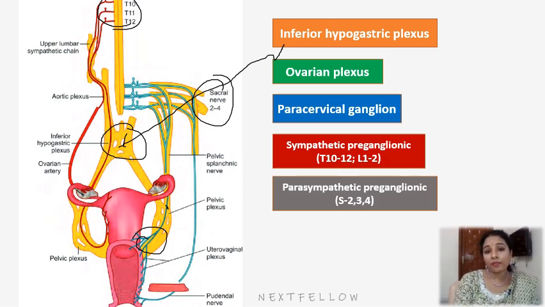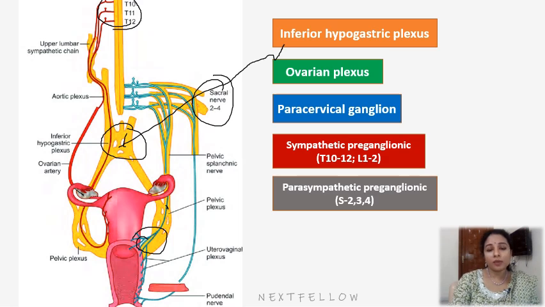So most afferent sensory fibers from the uterus ascend through the inferior hypogastric plexus and enter the spinal cord through lumbar splanchnic nerves, that is T10 to T12 and L1 to L2, along with the corresponding spinal nerves.